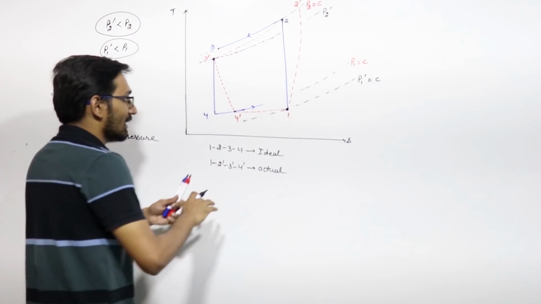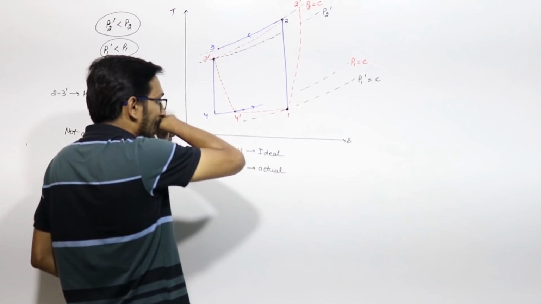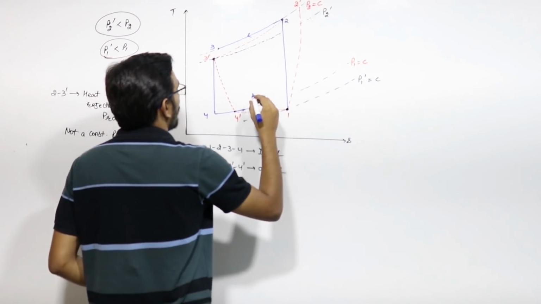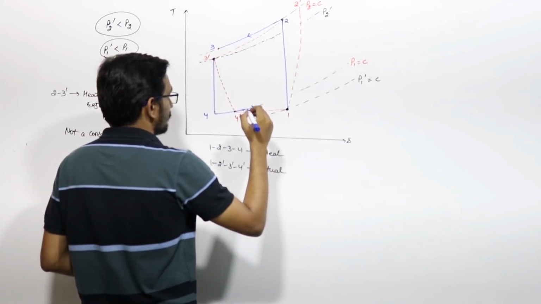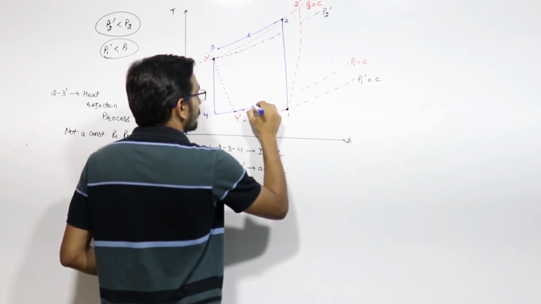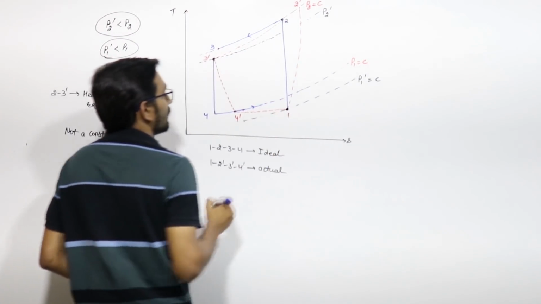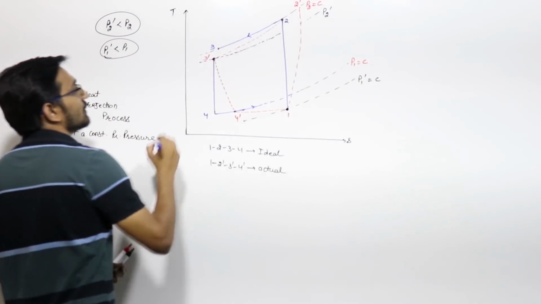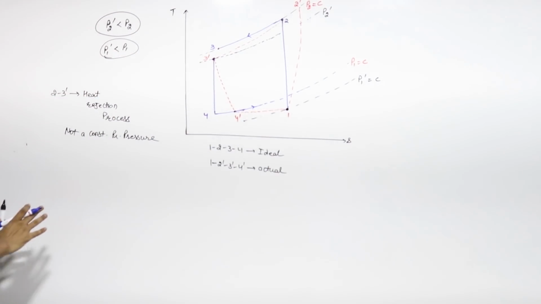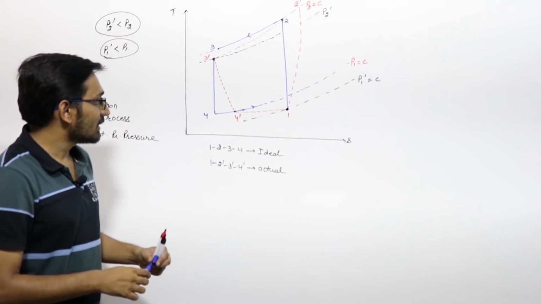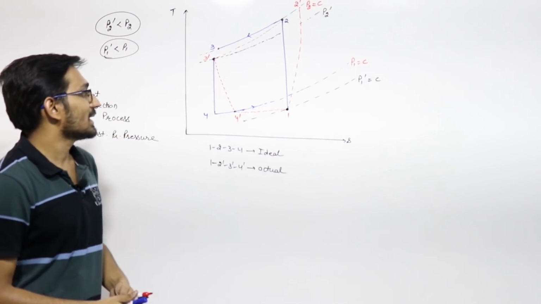I hope you understand, right? This line is P1 is equal to constant. This line, P1 is equal to constant. This is P1 dash is equal to constant. I take the initial point of both of them as the same.